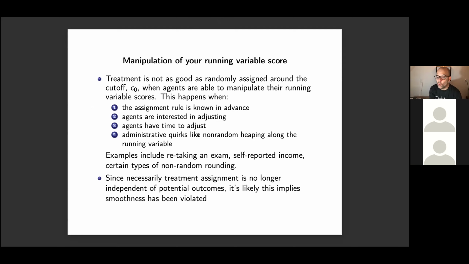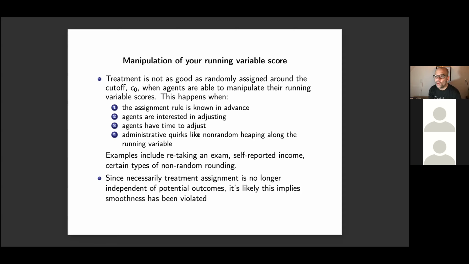There's 4 ways that the running variable manipulation can happen. First is if the rule that the firm or the government is using to make treatment assignments based off running variables and cutoffs is known ahead of time.